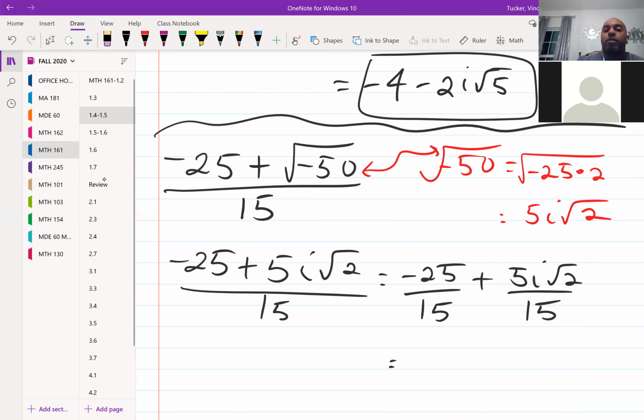So first thing I would do is what we have over here, square root of negative 50, I would break it up into the square root of negative 25 times 2. Square root of negative 25 will be 5i, and you leave the 2 under the radical. So that'll go right here.